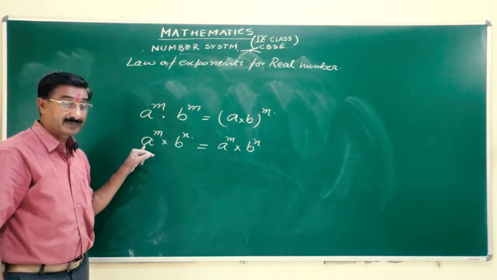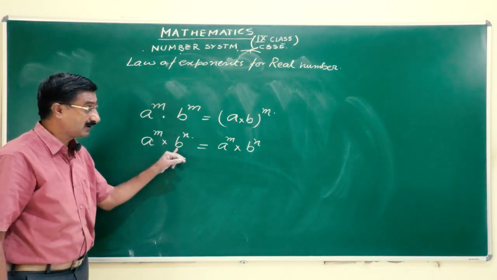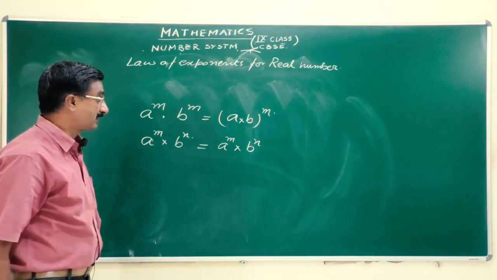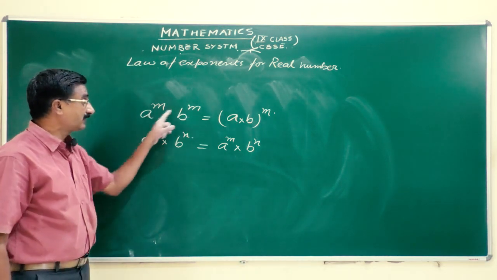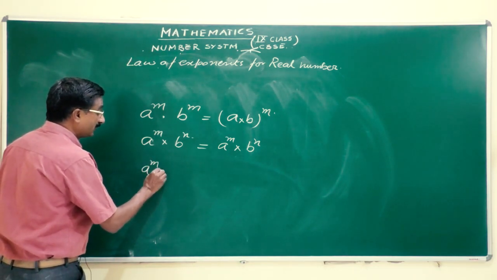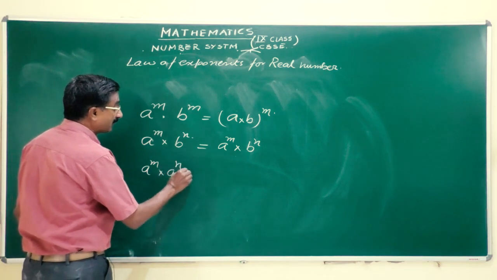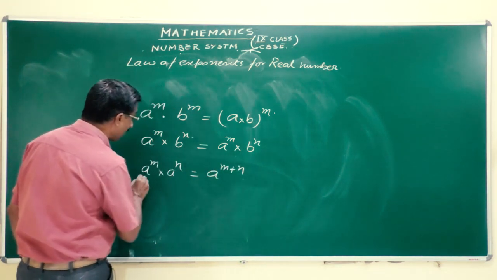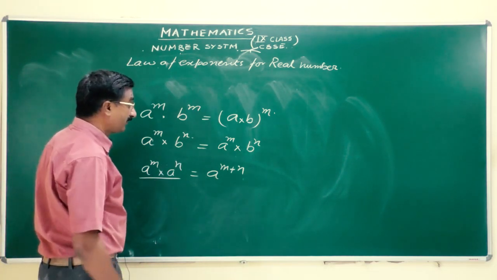You have to solve this one separately and that one separately, and then you have to multiply. There will not be any sort of mixing. Clear? Here the power is common, and the third case, that is a raised to the power m into a raised to the power n, is a raised to the power m plus n. Here the base is common, the powers are different.